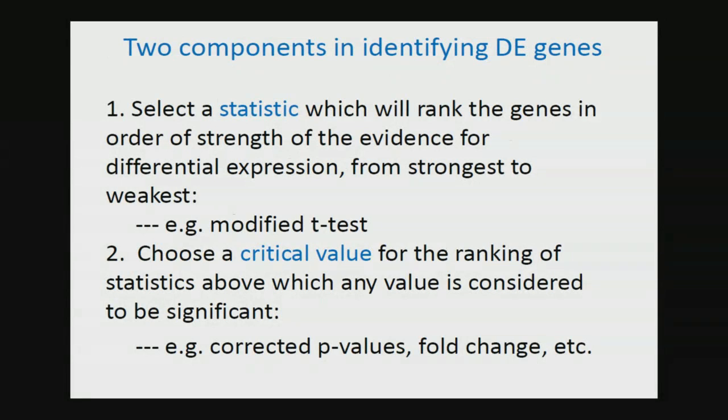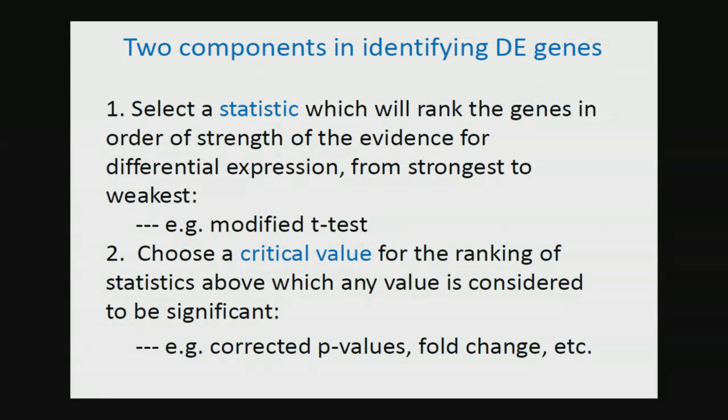We all know 0.05, but it's not just the p-value; we should look at the corrected p-value because of the tens of thousands of genes being tested. And not just the p-value, we should look at the fold change as well.